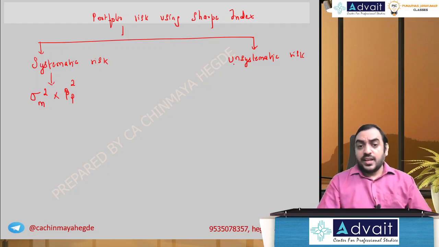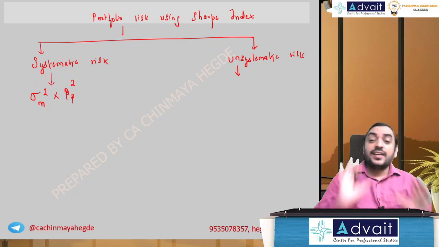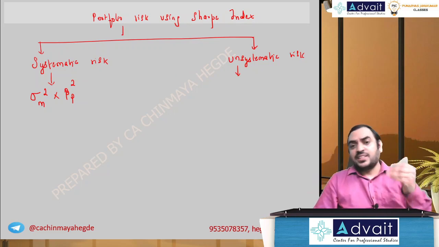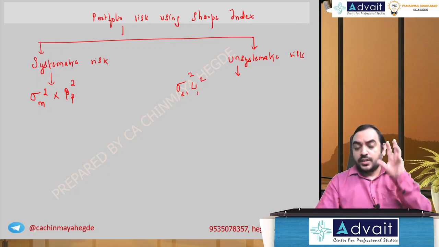And similarly, I am going to calculate unsystematic risk. How do we calculate unsystematic risk? Of each individual security multiplied by weights. Ultimately, it's a weighted average. It's going to be like this: sigma E1 square for the security multiplied by weight W1 square. We have 4 securities here. Hope you understand the logic.